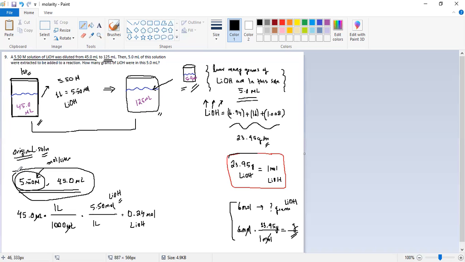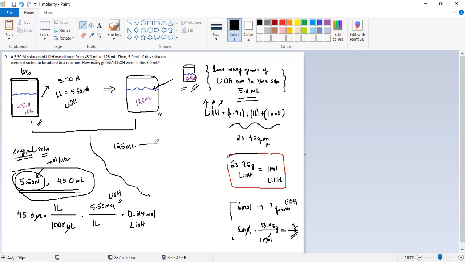But it's interesting, because why couldn't we? And this is a common question in problems like this, sort of as a digression before we actually get to solving the problem. Why couldn't we just say 125 milliliters, and then get how many moles are in this? Why couldn't we do that, right?